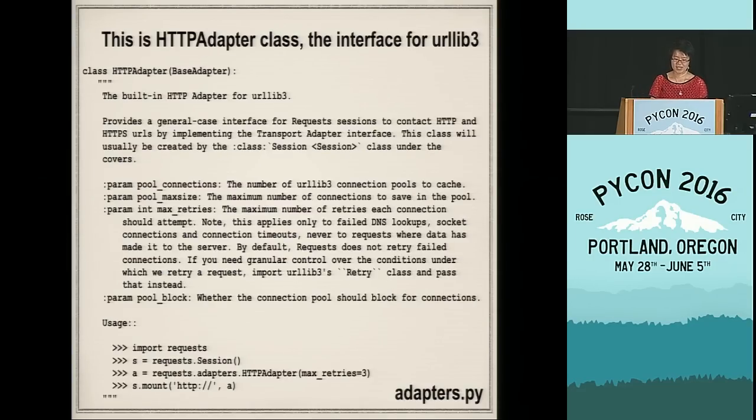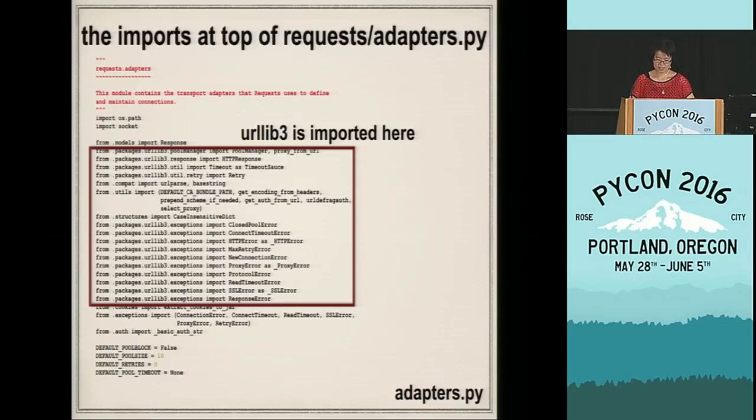There's even more information about the HTTP adapter class in the doc strings. So we're finally getting to the part where, like 6 layers deep, we're seeing the underlying machinery for how the Python request library is powered, and that's using urllib3. And at the top of this file, adapters.py, we see a lot of different urllib3 packages being imported.